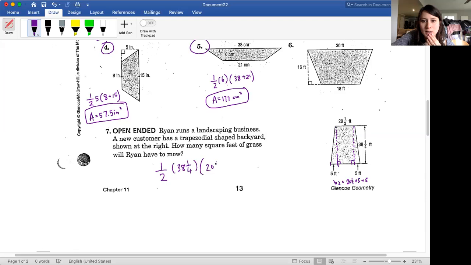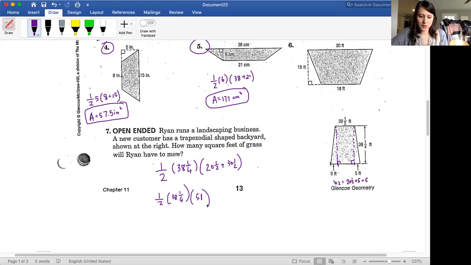So 20.5 plus 30.5. And so if I work this out, I've got 38 and 1/4 times 51. And so I'm going to plug that in.